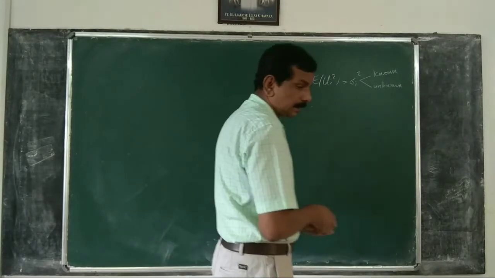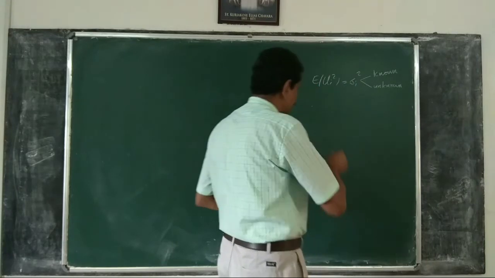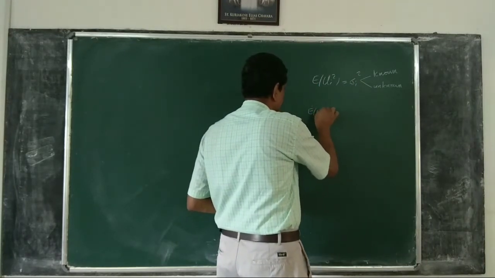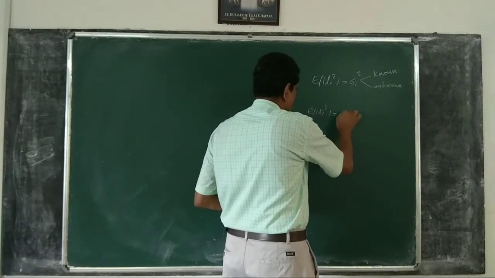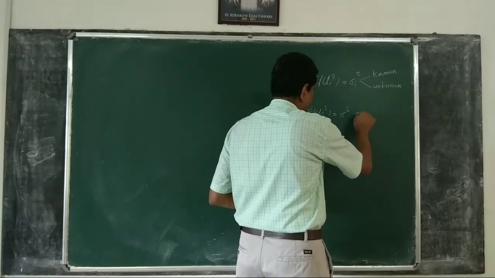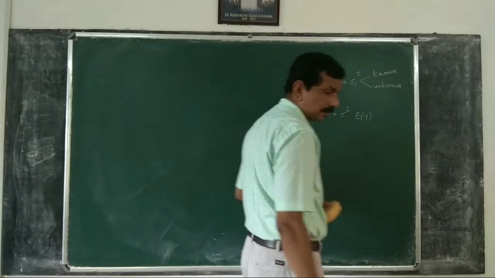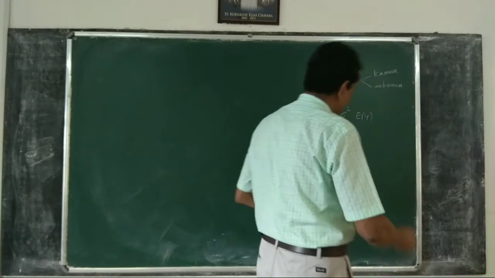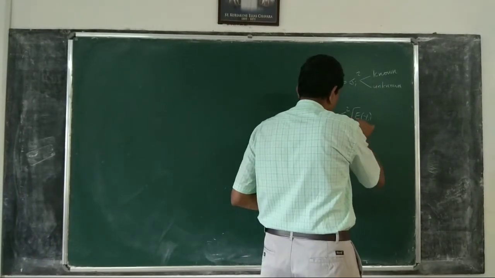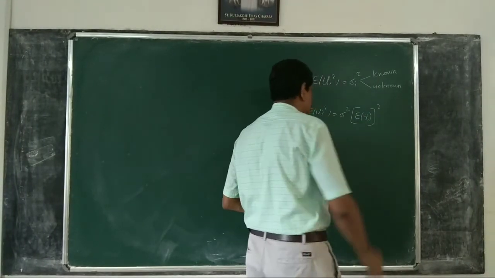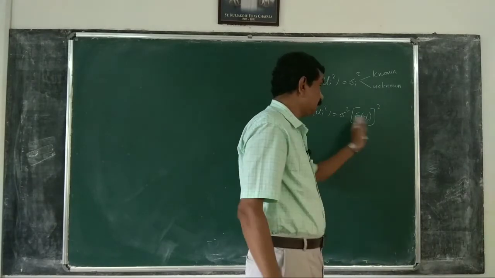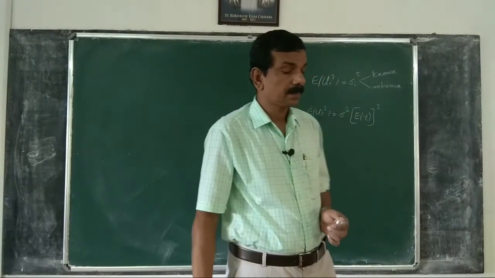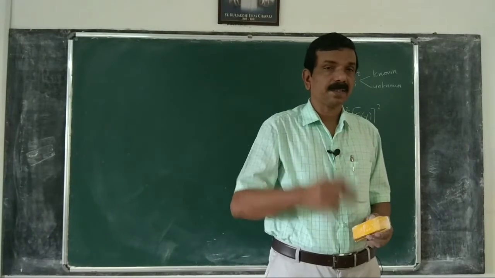That is, we assume that expected ui square is sigma square times the square of expected yi.